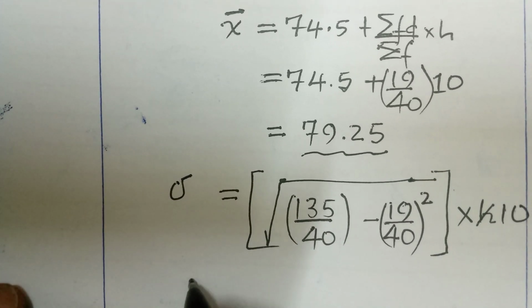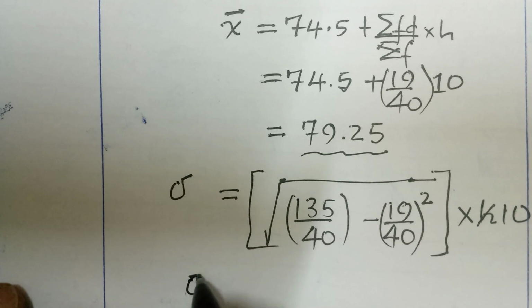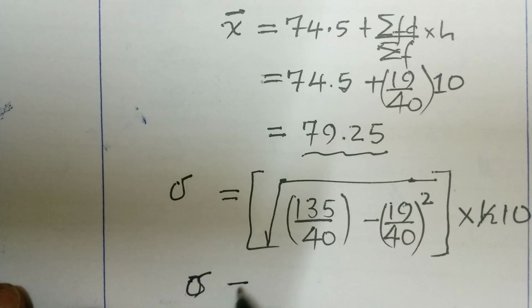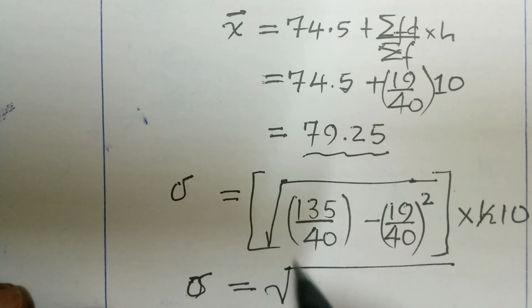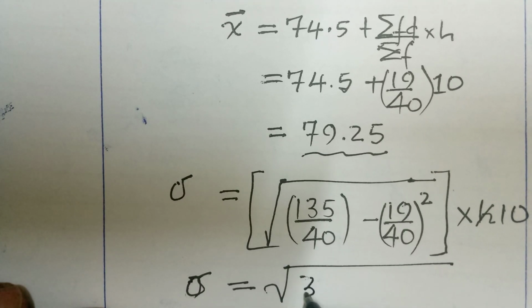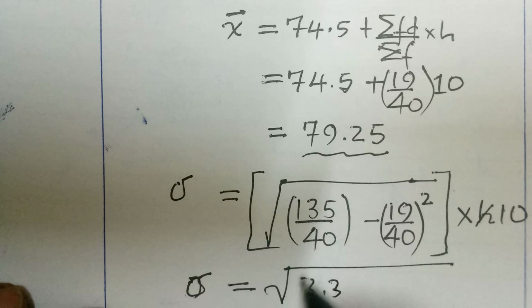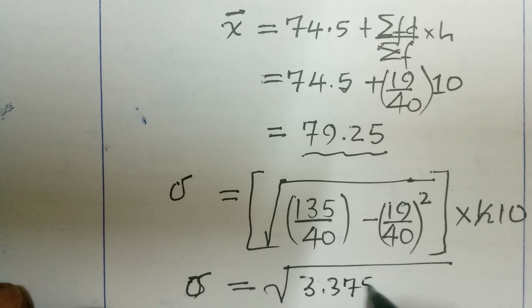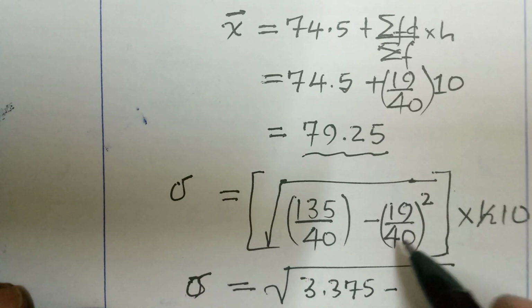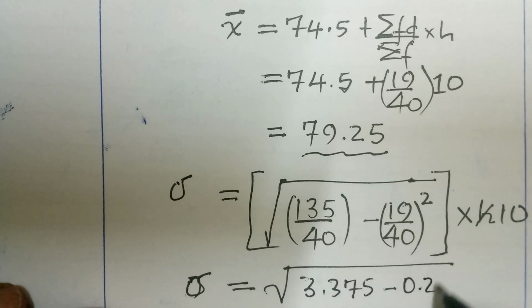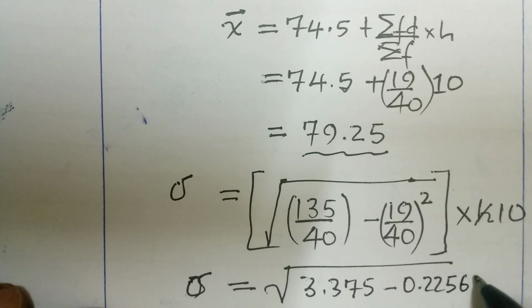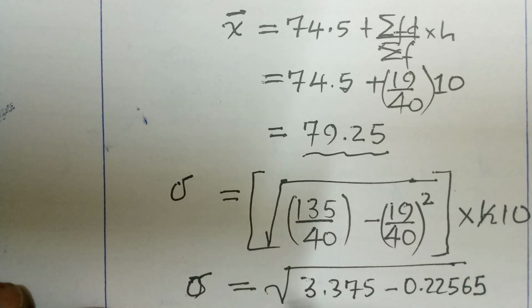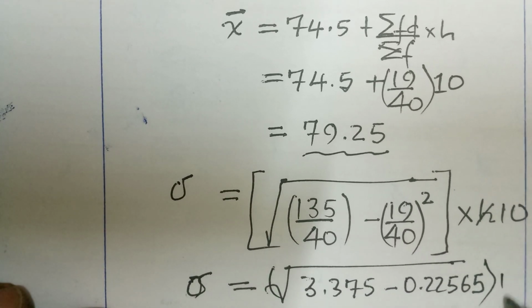So guys, when we do that calculation, I've already done it, you will get square root of 3.375 minus, for that one is 0.22565, like that, and then you multiply that by 10.